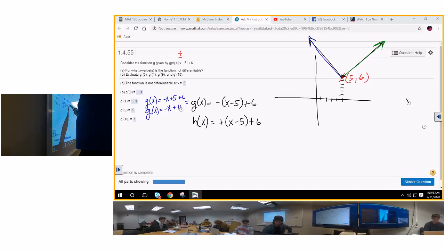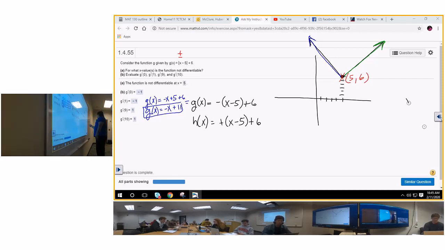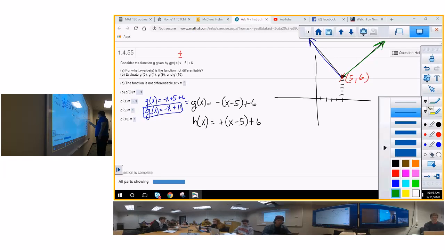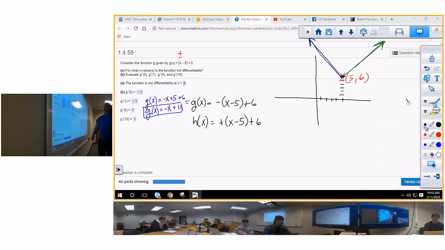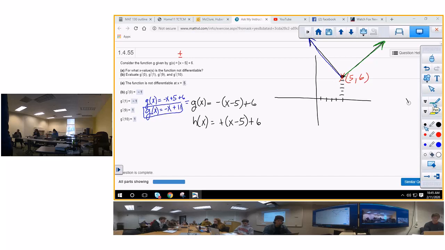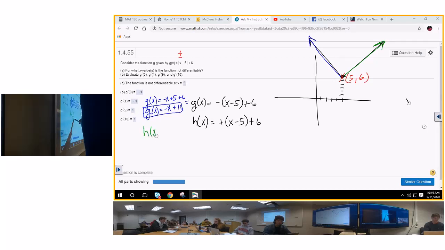Check it, make sure I didn't make a mistake. And now we're going to do this one in green. That's going to give us h of x is equal to x minus 5 plus 6. And what is h of x equal to? x what?